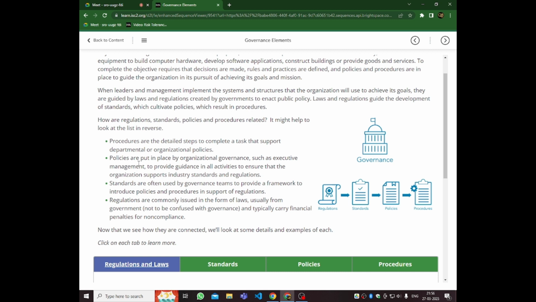Policies are put in place by organizational governance, such as executive management, to provide guidance in all activities to ensure that the organization supports industry standards and regulations.